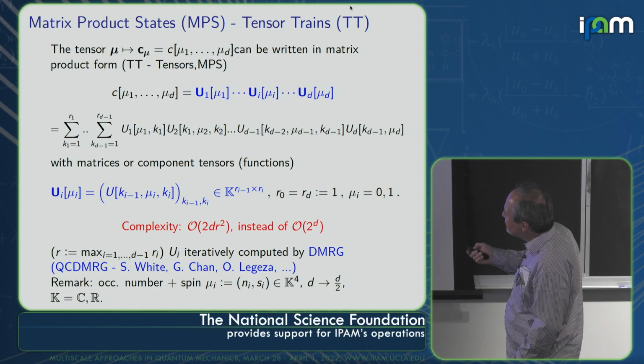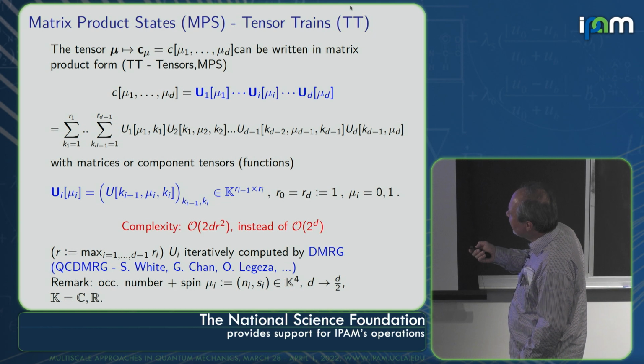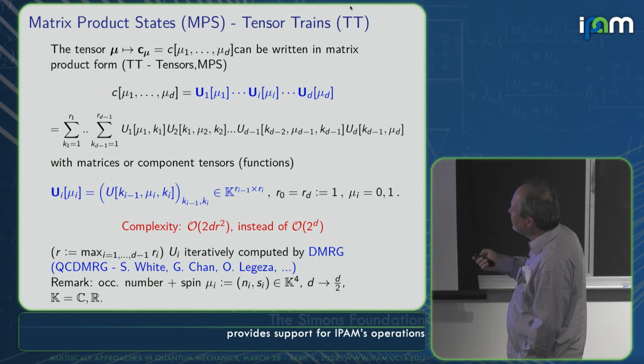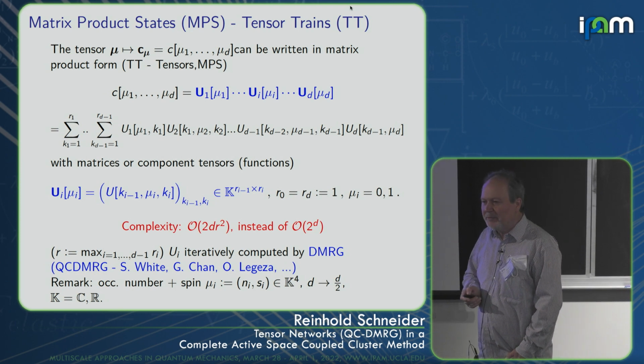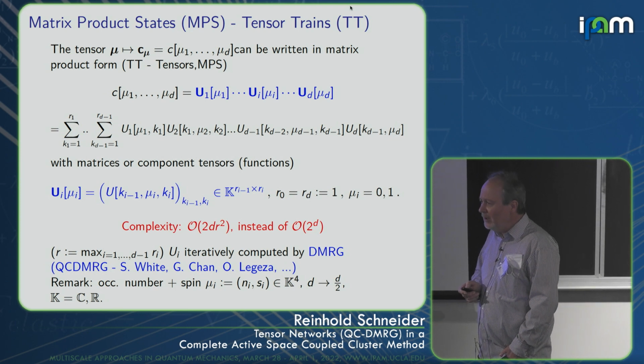Okay? And what is very nice in this respect is, just put one cut point here, and now cast all indices from the left into one index, and from the right into the other index. Then you see that you have a decomposition into a product of vectors with these indices plus this one. So that's a type of Schmidt decomposition. Yeah, okay?